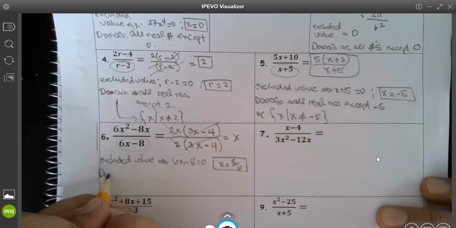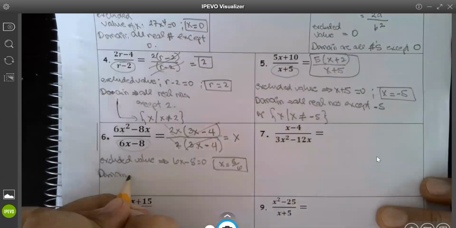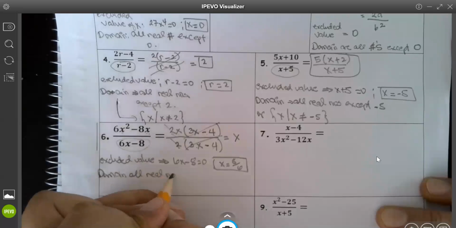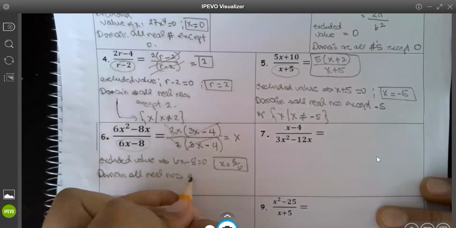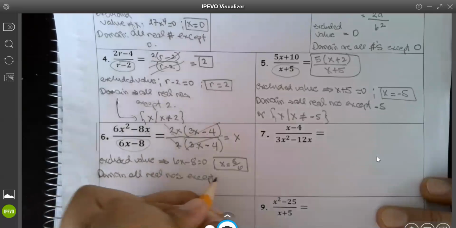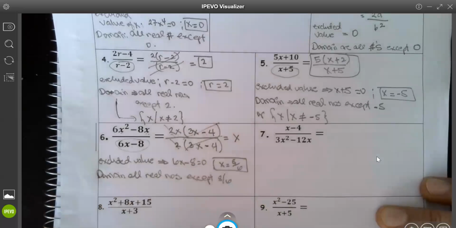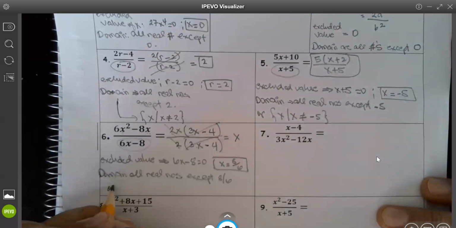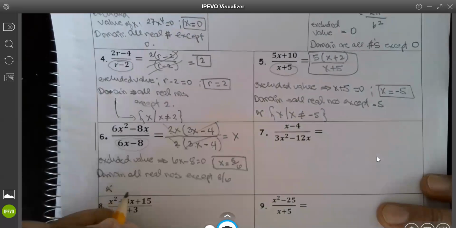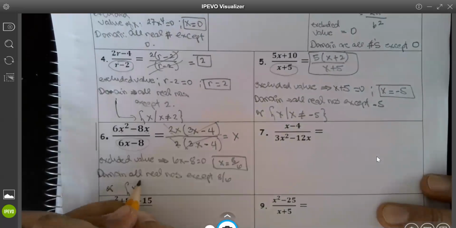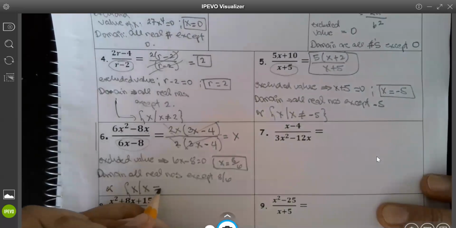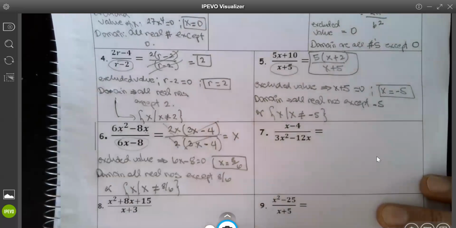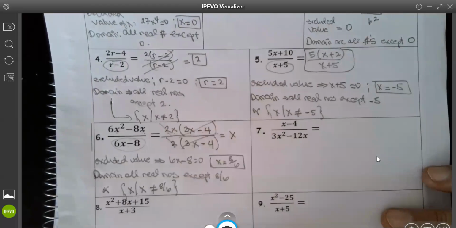So the domain is all real numbers except 8 over 6. Or in set notation, this one is the set of all x such that x is not equal to 8 over 6.